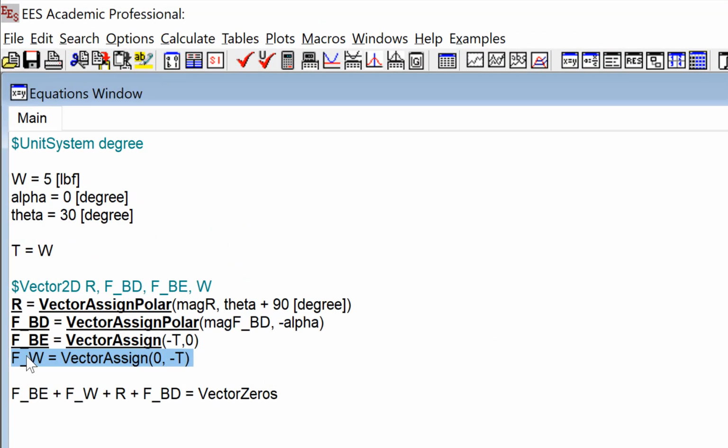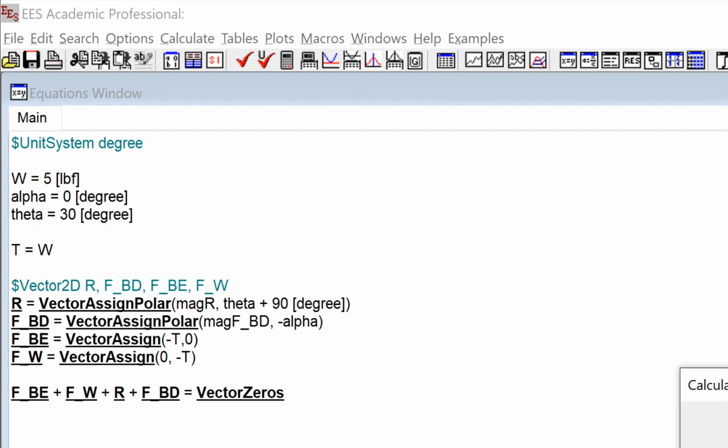It doesn't like, oh, and I guess I see why, that's because this is FW, but up here I called the vector W. So it looks to me like I'm trying to assign a vector variable to a scalar, which of course you can't do. So let's change this to FW, like that, and try again.